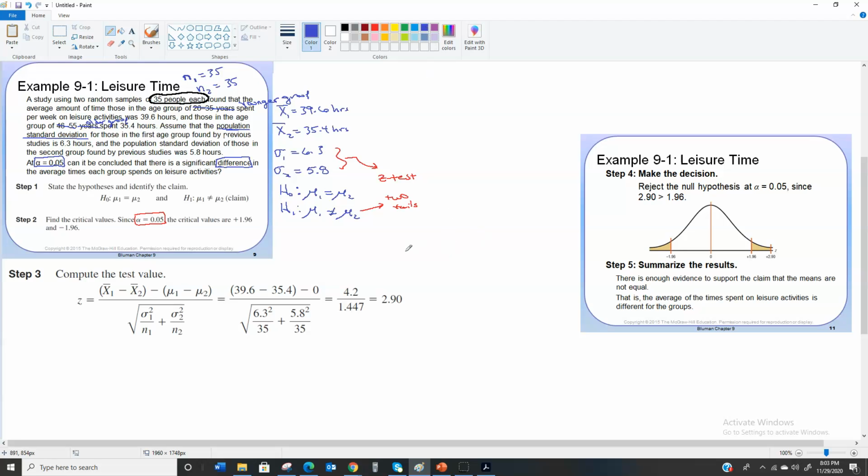So we're going to have our two tails be negative 1.96 and positive 1.96. And we're going to reject if we end up with our test value either below negative 1.96 or above 1.96 in the dark area. Okay? So we're going to reject if we're here, or reject if we're here. If we're in the shaded areas, we will reject.